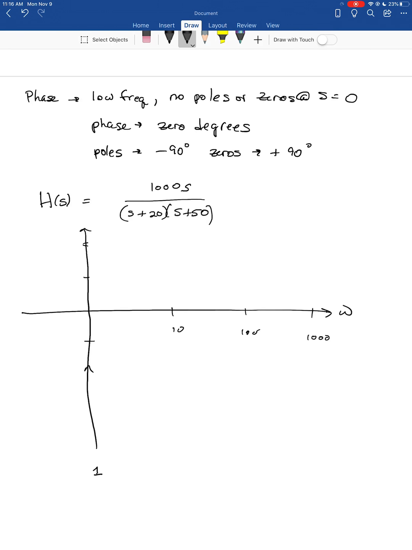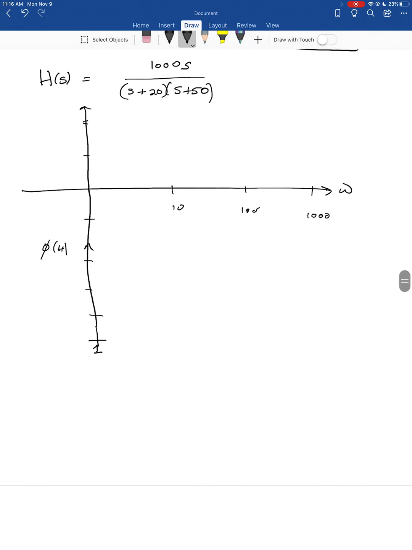So we'll put some tick marks here to illustrate the 20 dB per decade, and then down here at the bottom we'll plot the phase of H, and we'll use the same horizontal axis, but here we'll have tick marks in 90-degree increments. Once again, we won't label that quite yet until we're close to being done.